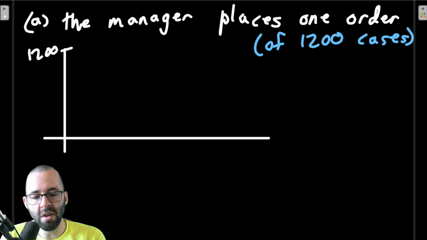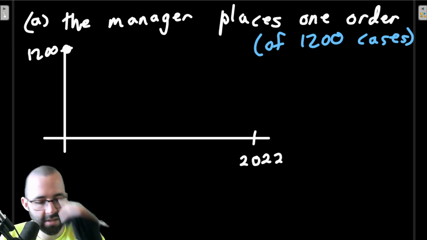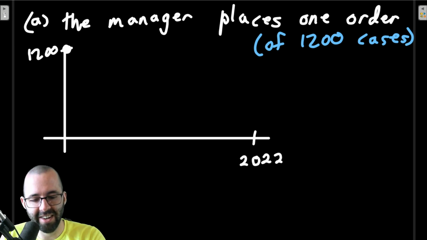We're ordering 1,200 at the beginning of the year. Let's write this in months, okay? Then we start with 1,200. After 12 months, we've used all the 1,200, and the demand is constant.